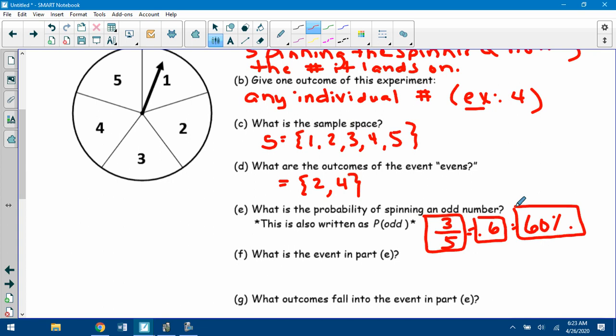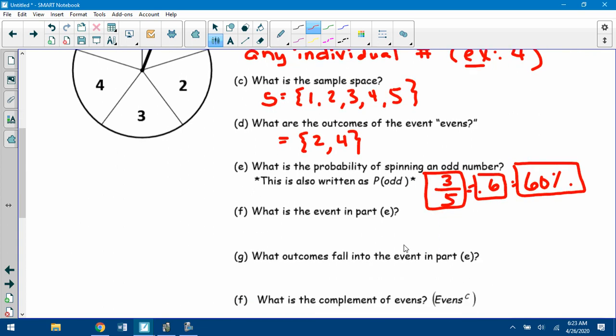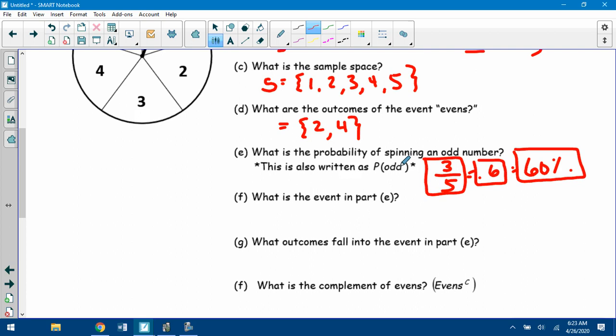What is the event in part E? The event was the specific case I was looking at. So the event was landing on an odd. What outcomes fall into the event in part E? We kind of already talked about that, 1, 3, or 5.